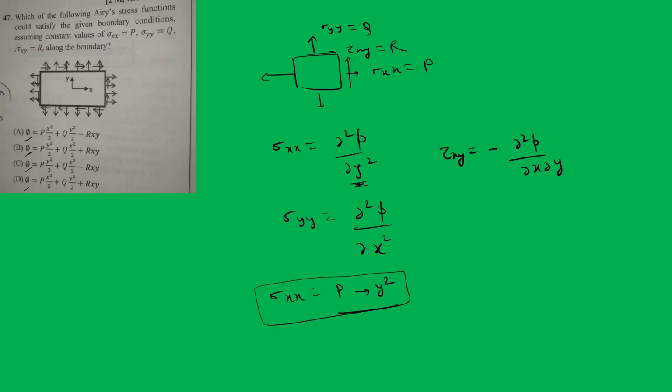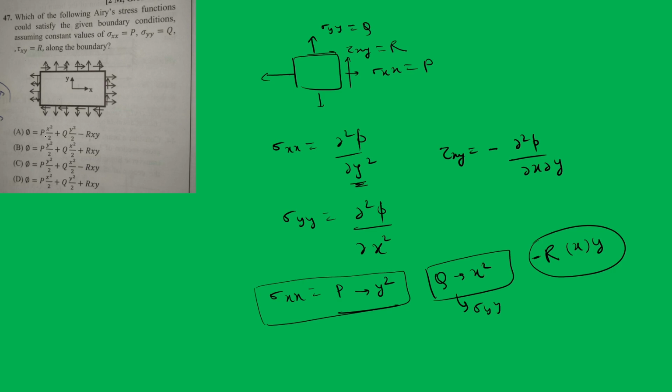And not only that, sigma yy is the q, so q should be the function of x square. Then this one should be the function of minus xy, so r should be the function of xy and it should be negative. So let us see which one matches our option.